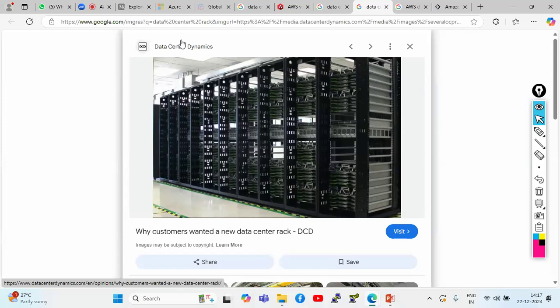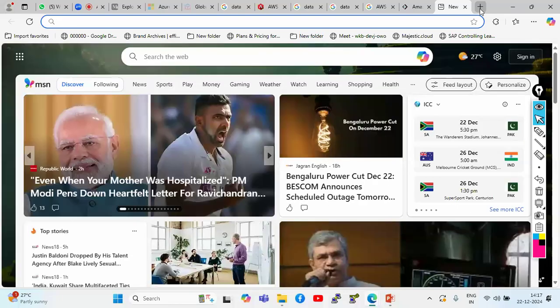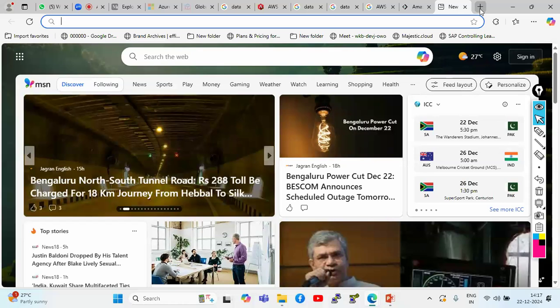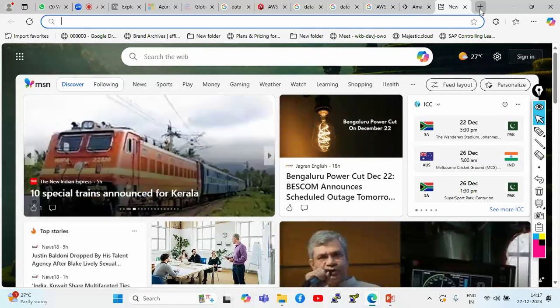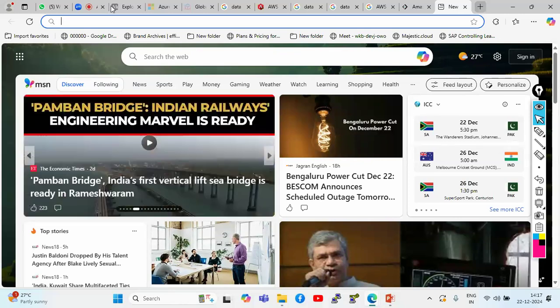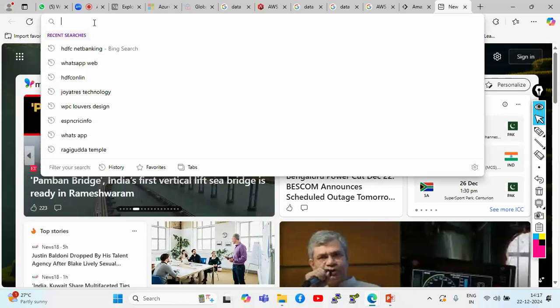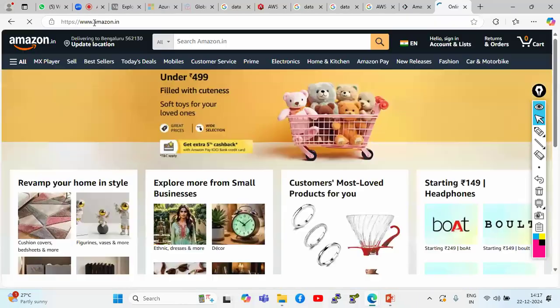See, I'll just give one more example. It is like a supercomputer. A supercomputer does the calculations. A data center is a place where all your IT infrastructure will be present. IT infrastructure means your hardware boxes, right? I'll give one more example since you all are from a software background.